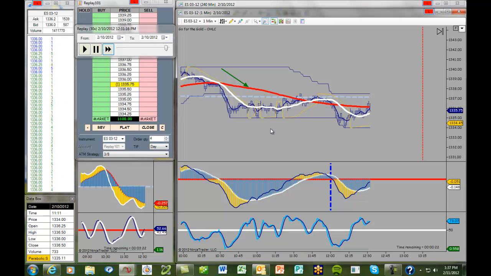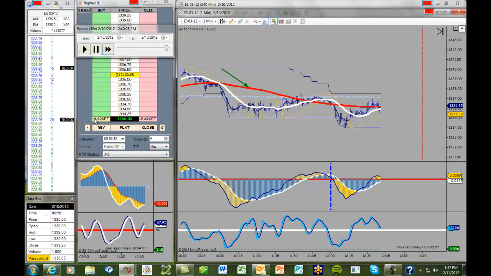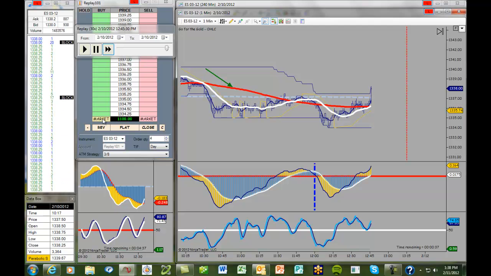Okay, check out the 5-minute MACD. It's looking like it's heading towards a bullish crossover. We get that white MA above the red, and we'll be going long. And there it is.